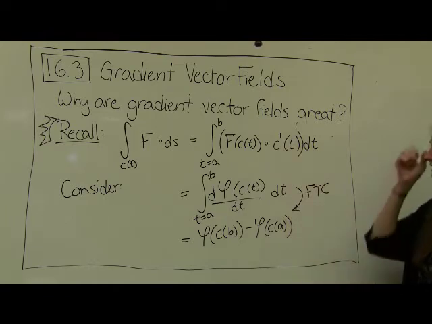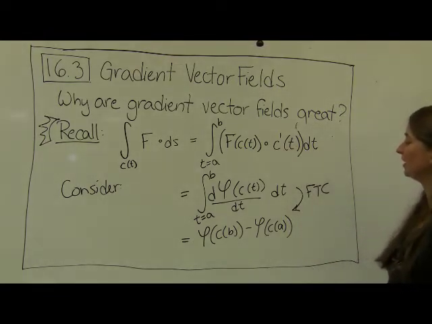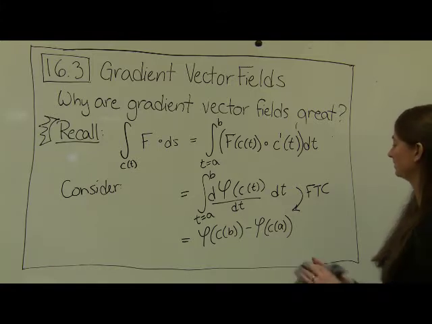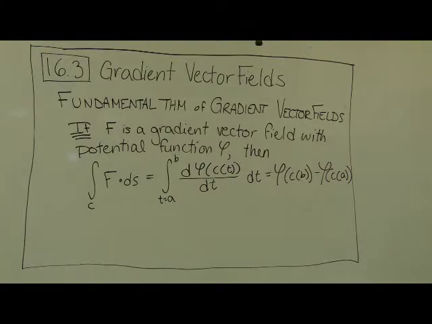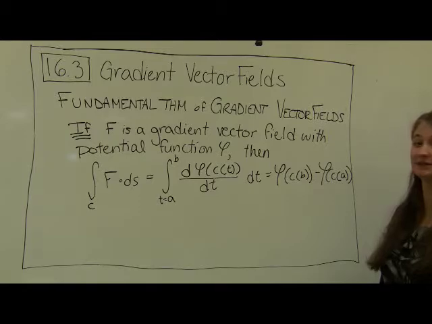All of this work is summing up the facts that I will state as our fundamental theorem of line integrals of gradient vector fields. So this leads us to our fundamental theorem of gradient vector fields.